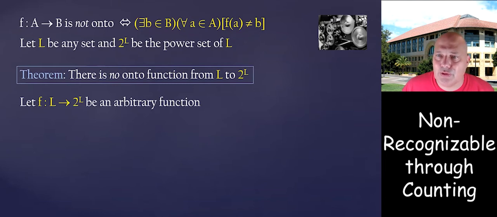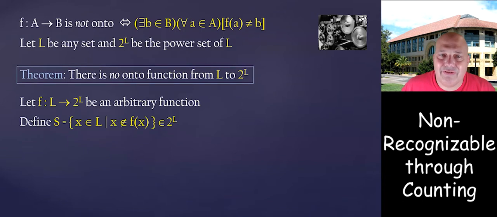So we won't reach a contradiction, but we will prove that it is not onto, and since any function f will not be onto, it means that there is no onto function. And the proof is very similar. Given f, we define S just as before: all the x's in L such that x is not in f of x.